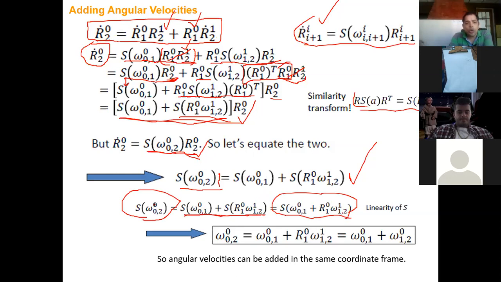Now can you compare whatever you have in the argument? Omega 02. What do we have in the argument here? Omega 01 plus R1 omega 12. Yeah. So can I equate these two? In other words, omega 02, this guy, equals this plus that. That's what I did here.